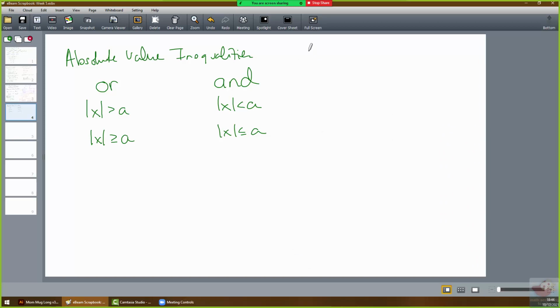So, for example, let's say we had 2 times the absolute value of x plus 1, minus 5, is greater than, I don't know, 4? Nope. 7? How can I make that into a 7? Nailed it. You can't even tell I made a mistake.